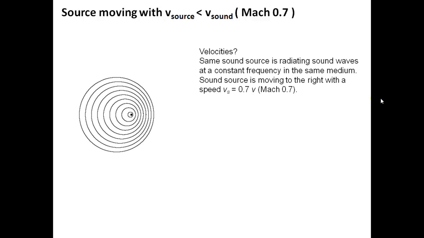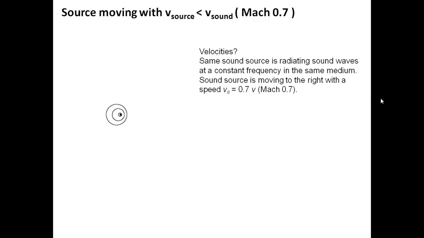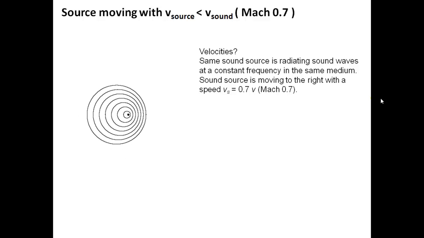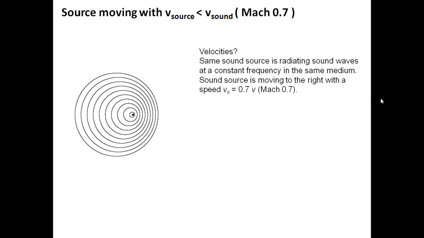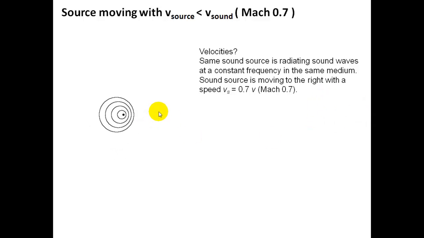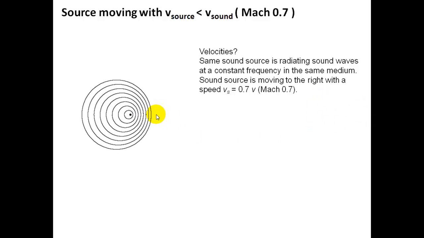If the source is moving relative to the observer, what do we notice? The source is radiating sound waves at a constant frequency in the same medium. However, the observer observes a frequency which is higher if they are to the right, in front of the source.